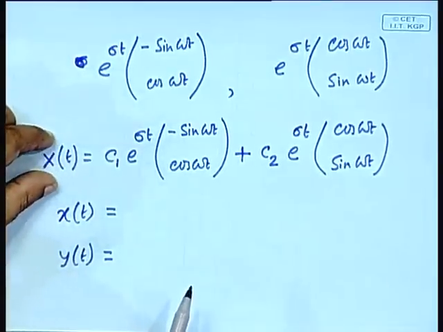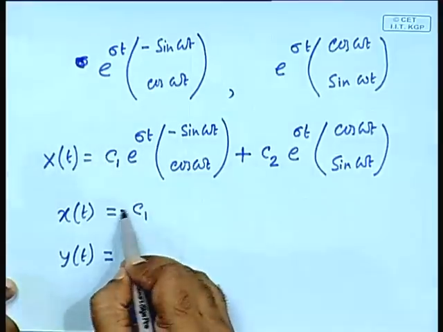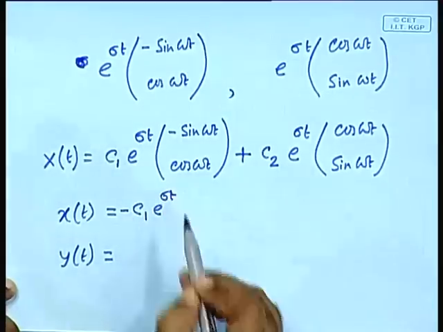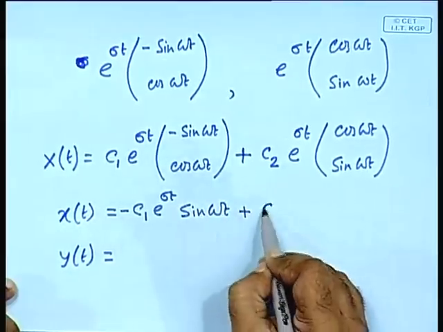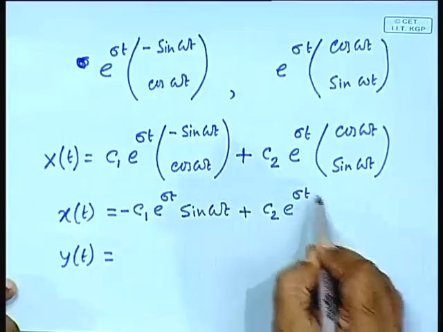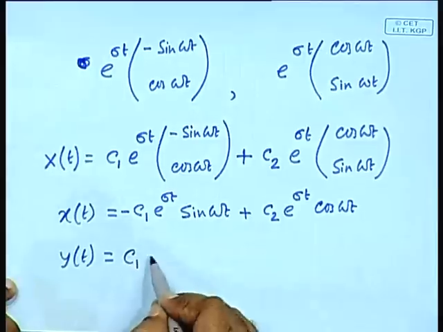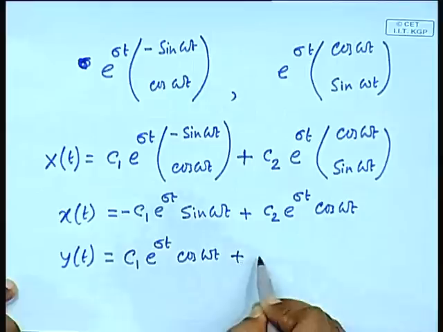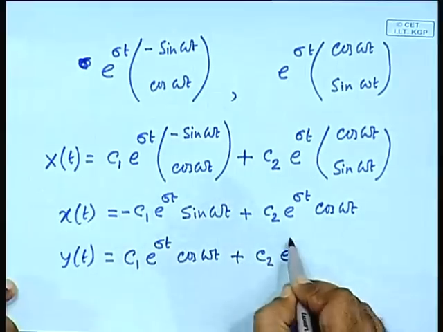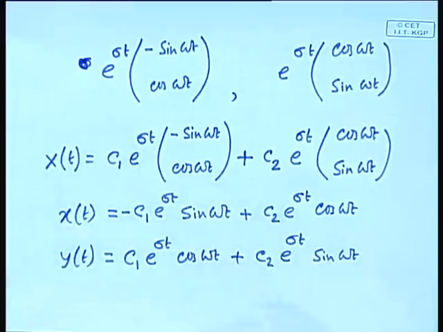This is having two components. x t is minus C 1 e to the power sigma t sin omega t plus C 2 e to the power sigma t cos omega t, and this is C 1 e to the power sigma t cos omega t plus C 2 e to the power sigma t sin omega t. Fine. We have got the solutions.